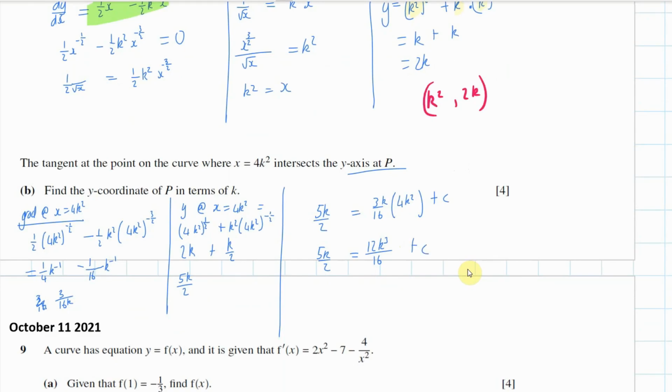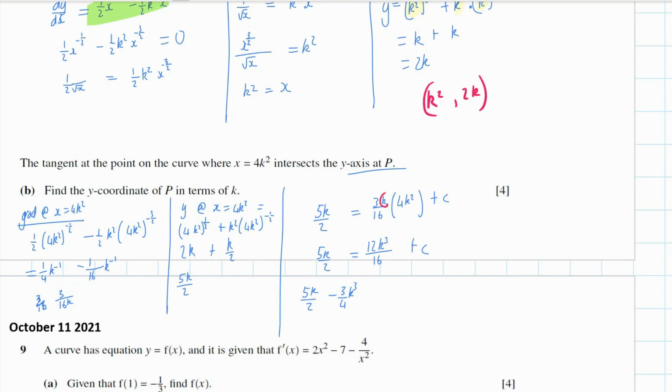Okay, so we can go 5k over 2, and minus, now we can rewrite that as 3/4 k, oh, hang on a second. I think I've made a little bit of an error here. Yeah, I have. Okay, so I'll just point out where I've made the error.